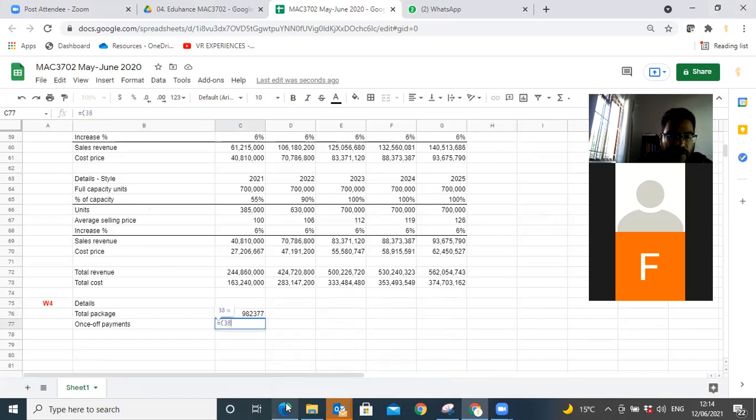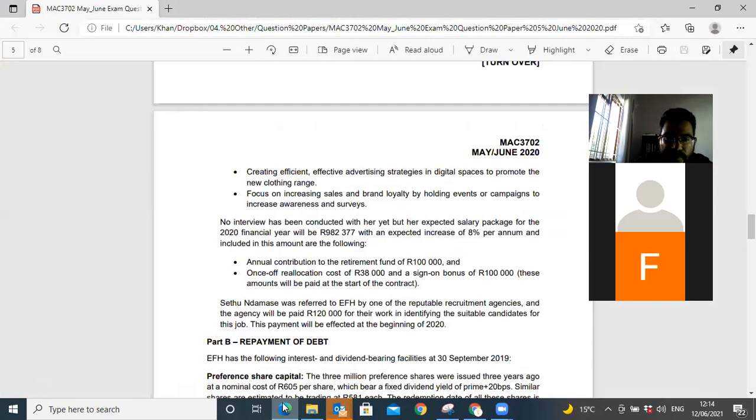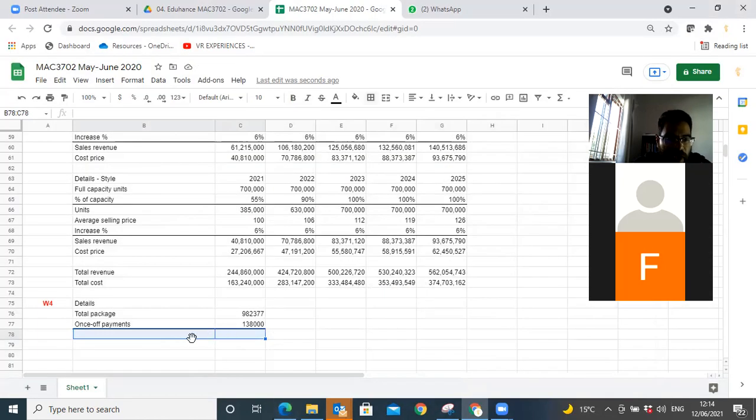So therefore, her actual annual package, okay, an annual contribution is included in this amount. So her annual package is actually 982,377 minus that.